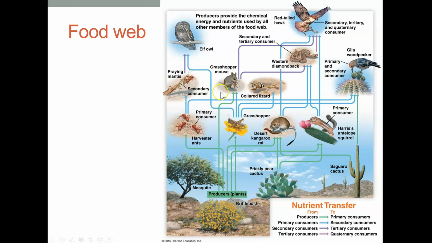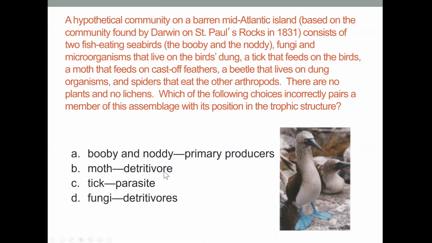Are there detritivores in this one? There are not. Okay, it's in the next one. All right. Read this description of a hypothetical island and ask yourself, which is the incorrect relationship here?